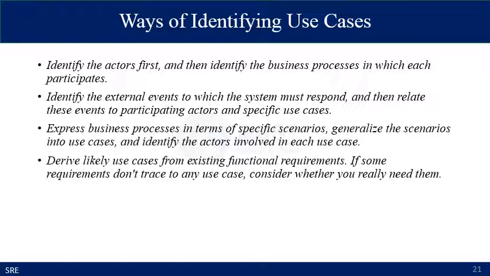You express the business processes in terms of specific scenarios, generalize the scenarios into use cases, and identify the actors involved in each use case. Then you derive the use cases from existing functional requirements. If some requirements do not trace to any use case, consider whether you really need them or whether you want to eliminate them from your requirement specifications.